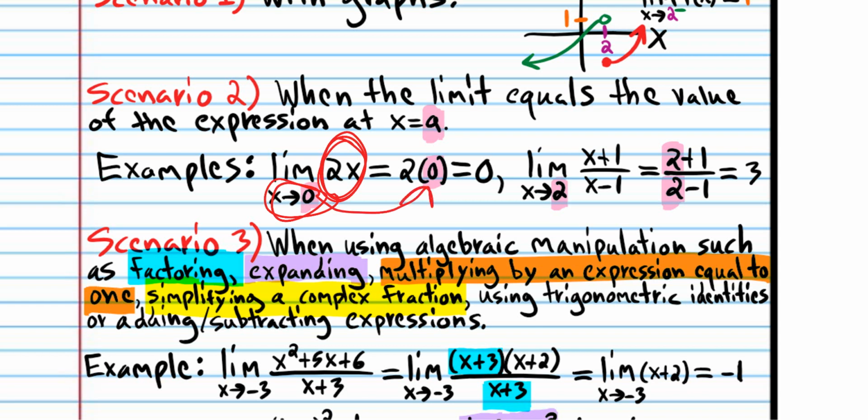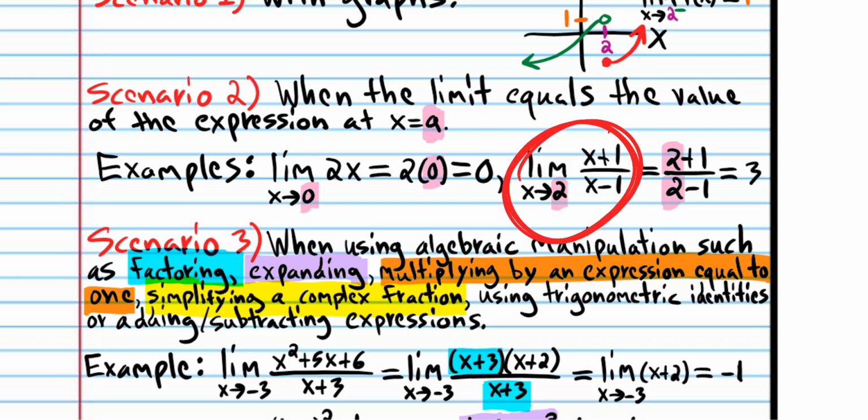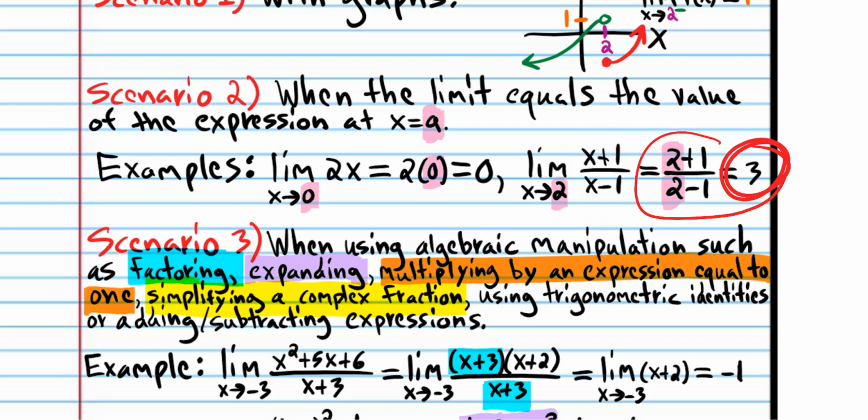Well, we can just plug in 0 and we have our limit. Again, that's when the function is continuous at that x value that we're approaching. Here's another example. What is this expression approaching as x approaches 2? Well, we can just plug in 2 to the expression and find our limit, which is 3.